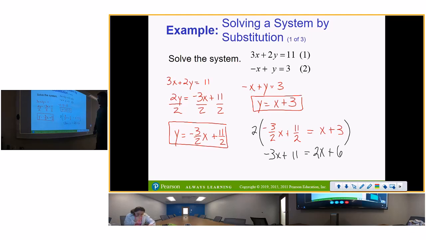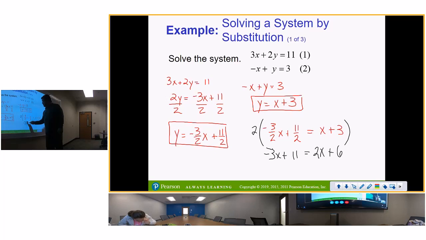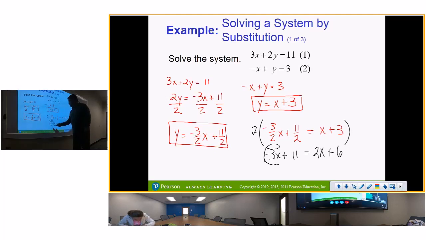And now I'm going to bring the smallest bucket over, and that's going to be 3x. And I'm going to bring the 6 over, that's a minus 6. And that's going to give me 3x, or what is 2x plus 3x? 5x is equal to what? 11 minus 6 is? 5. So x is equal to what?